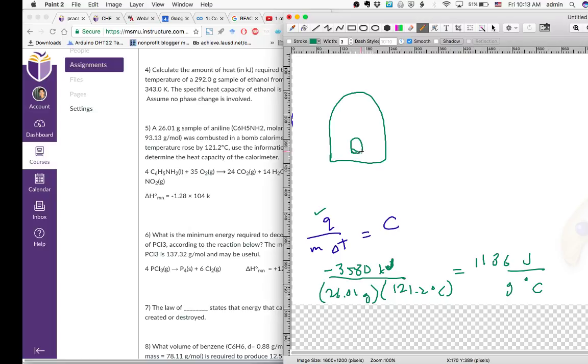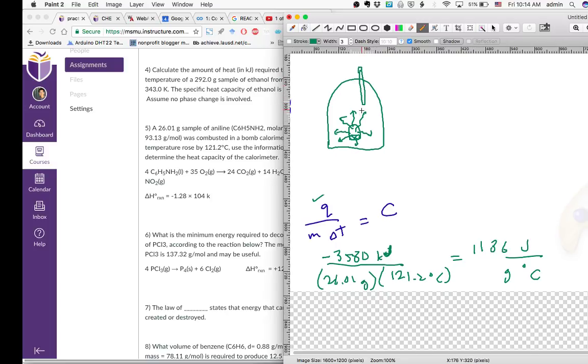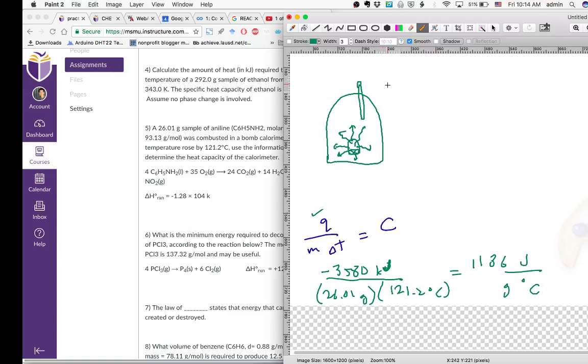Usually, you burn something, and then the heat that is given off is absorbed by all this metal. The reason why we use metal is because, as you saw in problem number 3, metals have a very low heat capacity. So it's very easy to change the temperature of a metal. And there is a thermometer attached to this big piece of metal, and it measures the change in temperature. This is called a bomb calorimeter.